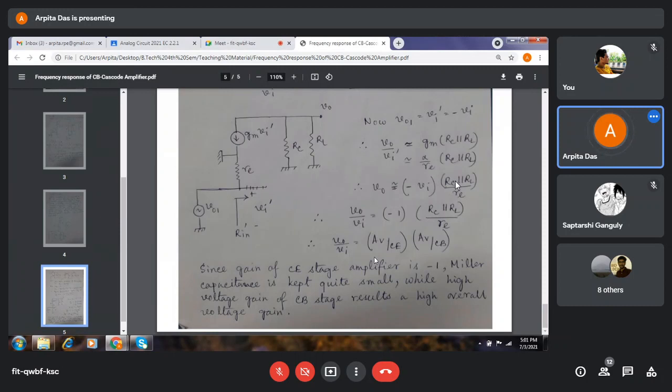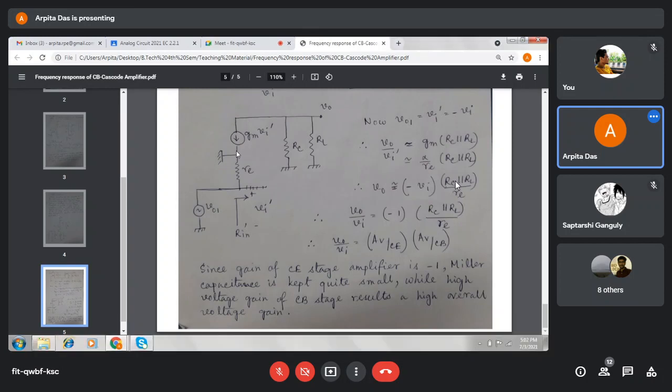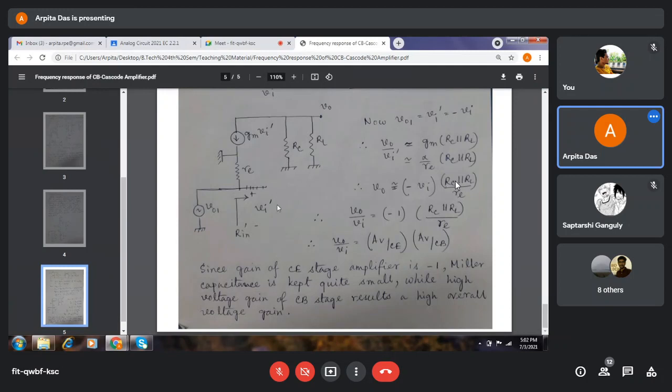But for this unity gain, we can improve the capacitive effect of the circuit, and it will provide a wide frequency band for the overall amplifier. And we know in the CD stage, there is no existence of the Miller capacitances. Since there is no Cm, the 3 dB frequency is quite high.